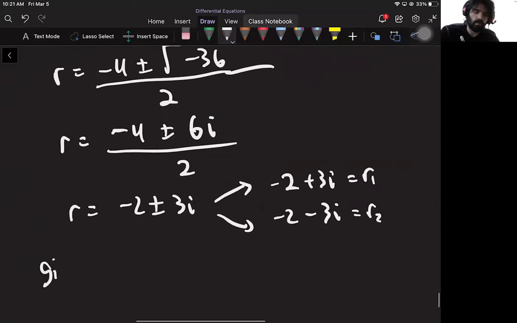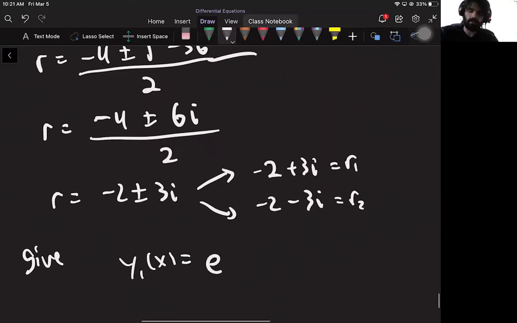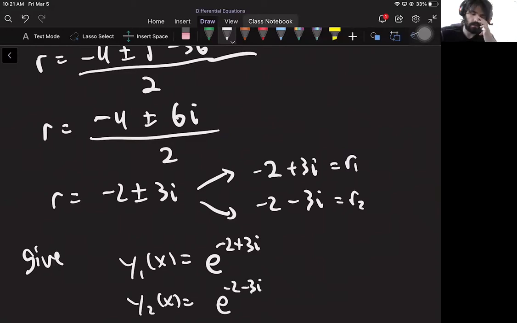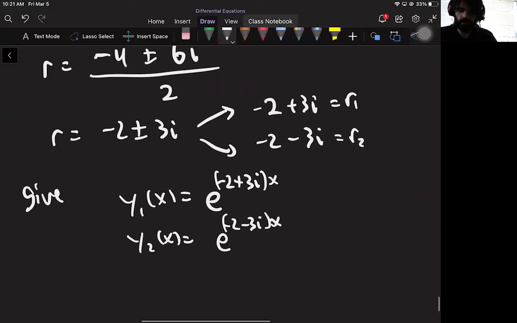So these give my two linearly independent solutions, e to the negative 2 plus 3i and e to the negative 2 minus 3i. Oh, times x, of course. Each of them. Great. So you might think this is it, but unfortunately it's not. We can actually simplify a lot, and we can actually get rid of the imaginary numbers. That's what we're going to want to do next.